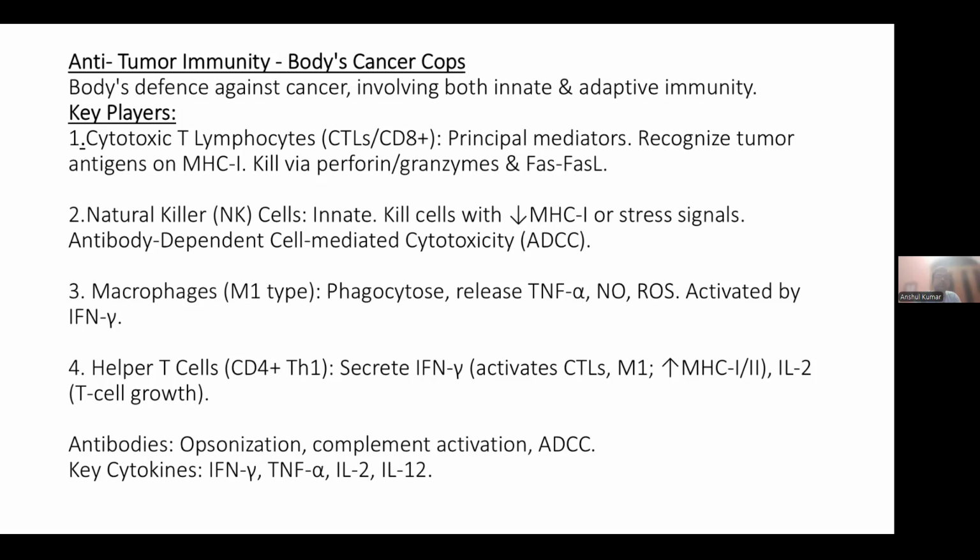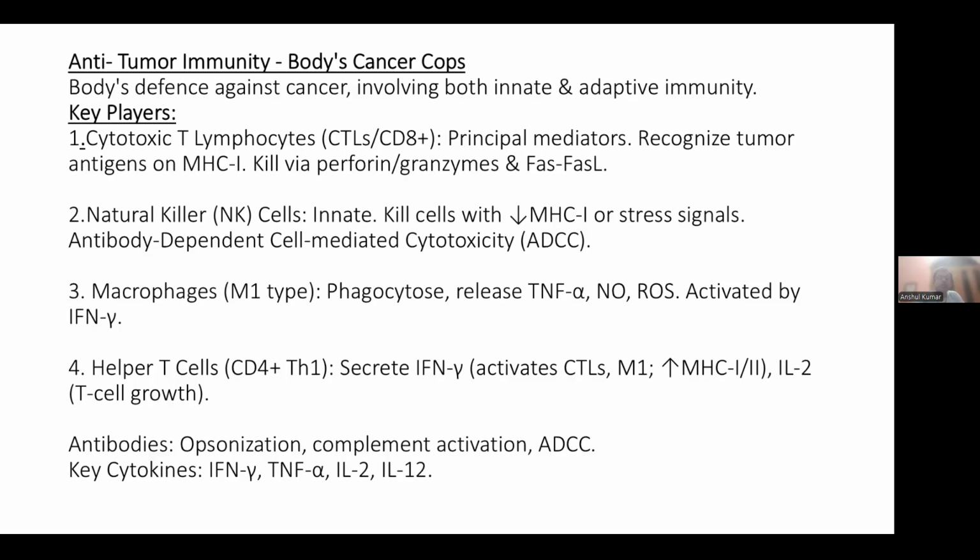In normal conditions, they help heal any wound or infections. Whereas macrophages M1 type are the pro-inflammatory cells, meaning the cells which participate in phagocytosis, release tumor necrosis factor alpha, nitric oxide, and reactive oxygen species, activated by interferon gamma.